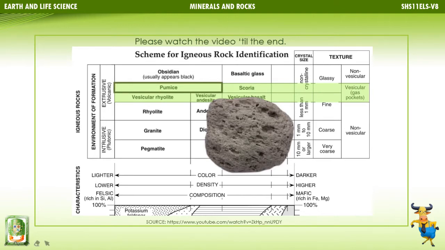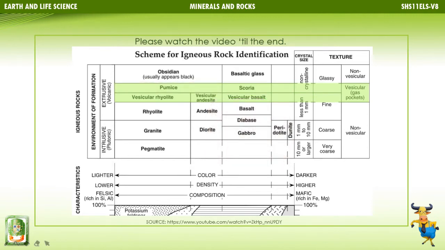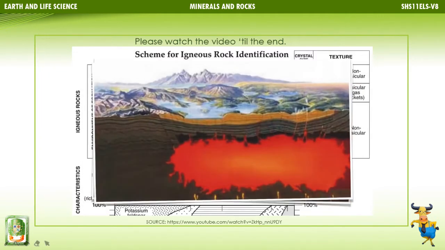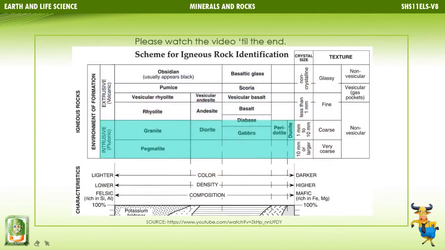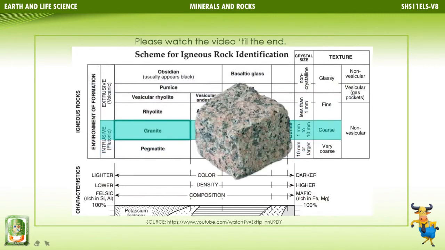But what about when magma, which is lava just inside the Earth, takes a long time to cool because it's so hot inside the Earth? Well, in that circumstance, we get intrusive igneous rocks. Some of these intrusive igneous rocks will cool slow enough for the crystals to grow in the magma deep under the ground between 1 and 10 millimeters in size, like this sample of granite.